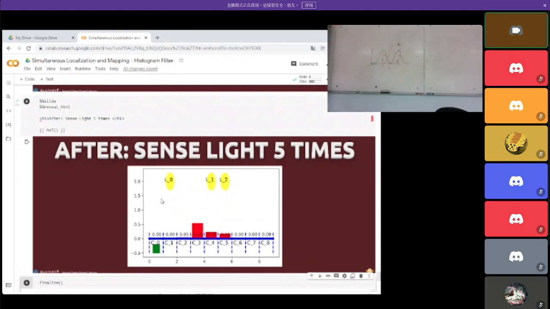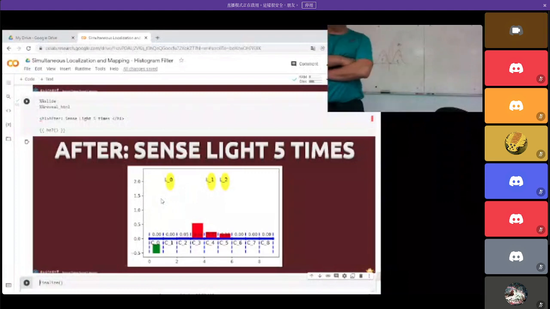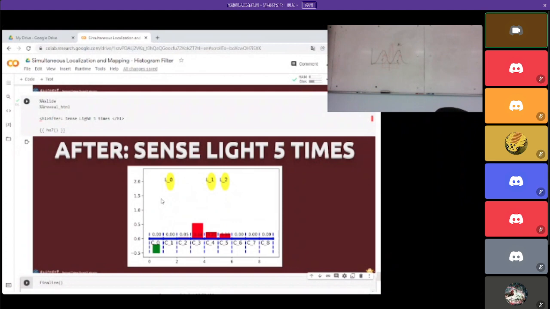If I drive around multiple times, then the robot will eventually localize to a particular position, because if I keep going around here, it's going to latch on to this pattern of one light, two lights. And so I can either go up and down, or up and wrap around, keep going right. That doesn't matter.